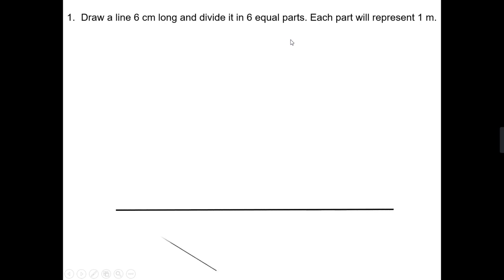So first of all, I will draw the 6 centimeter line. For dividing the line into 6 parts, you cannot divide it with the help of a measuring scale. Because suppose the length of a line is 7 centimeters, and you want to divide it into 6 parts, you cannot divide it with the help of a measuring scale.